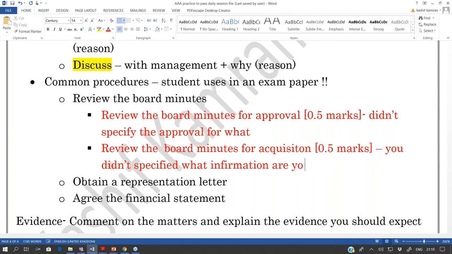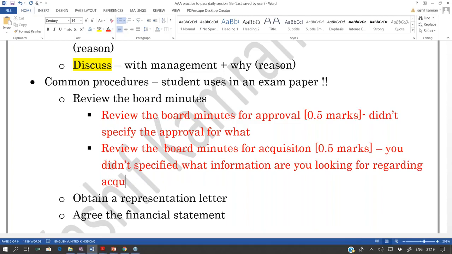What information are you looking for? You didn't specify what information you are looking for regarding acquisition from the board minutes.